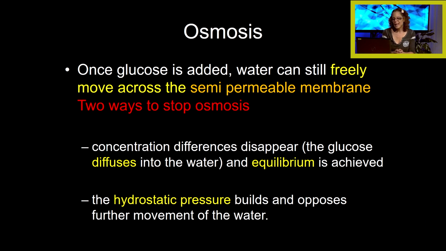The hydrostatic pressure is another way if it builds and opposes further movement of the water. So two ways that we can stop this osmosis is through equilibrium, when there are equal amounts of glucose all throughout, or the hydrostatic pressure builds and opposes the further movement of the water.